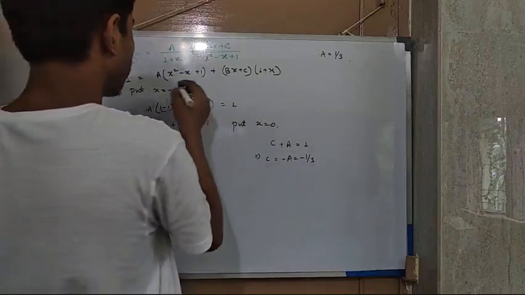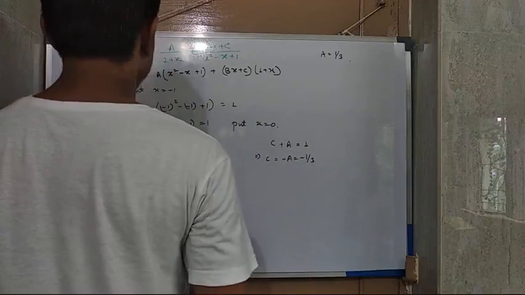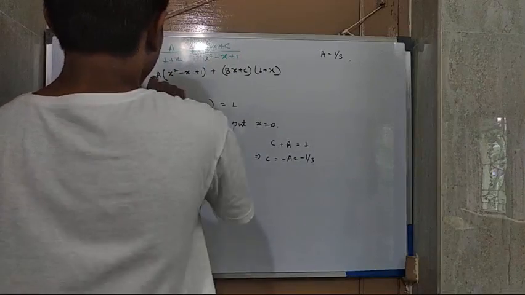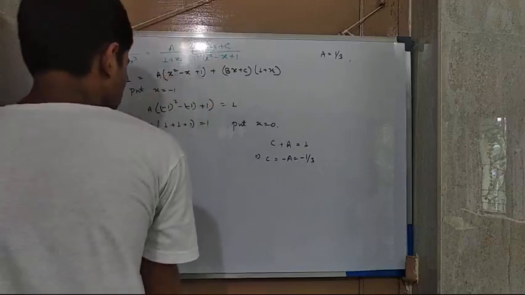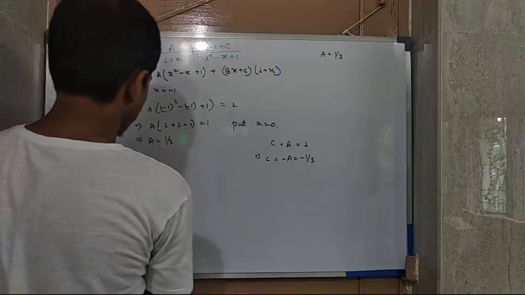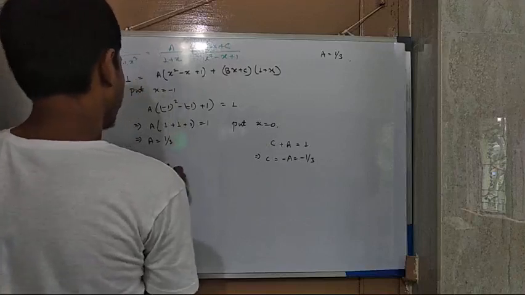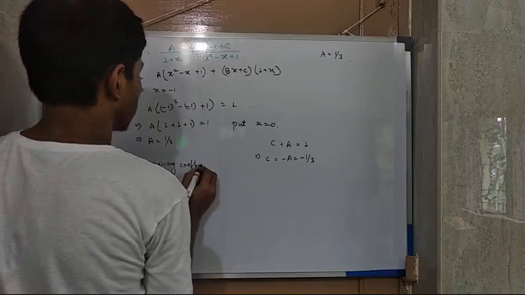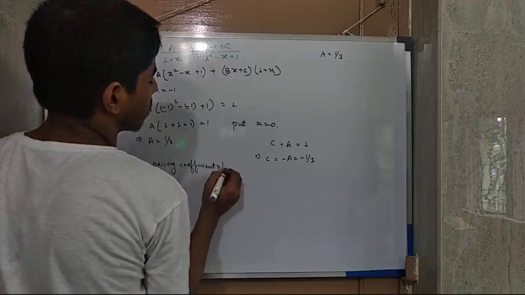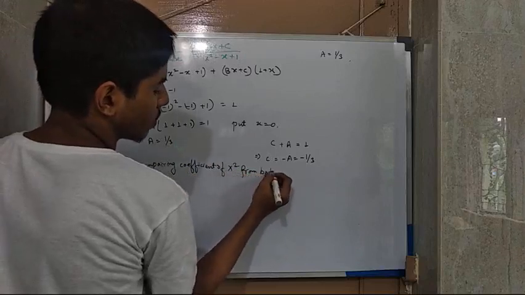Now we have to compare the coefficients of both sides. Comparing coefficients of both sides, the coefficient of x squared.